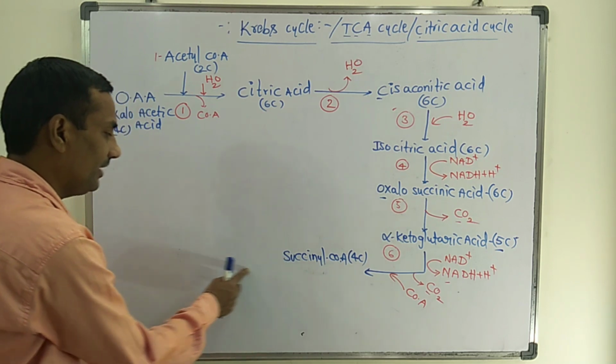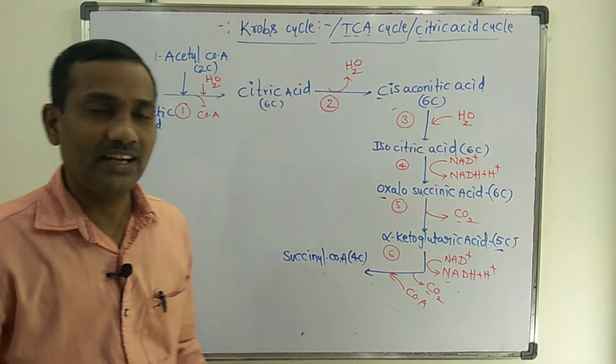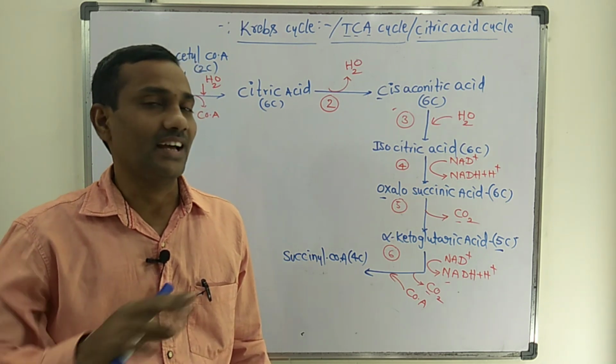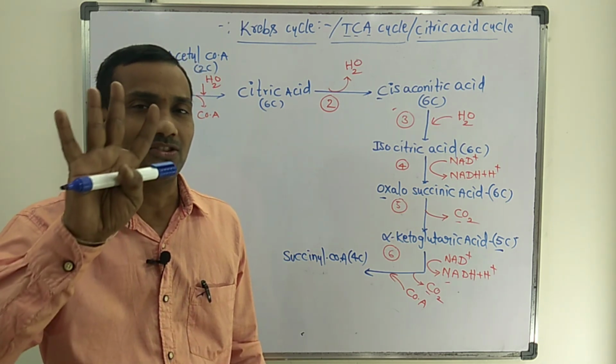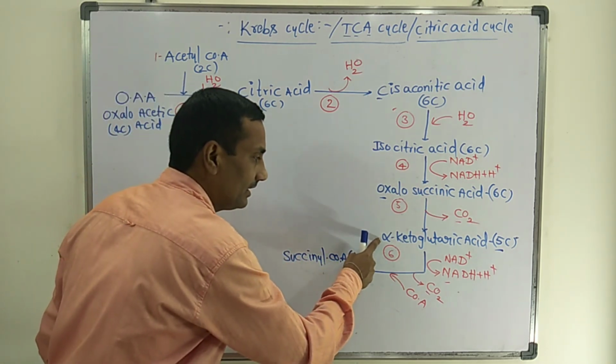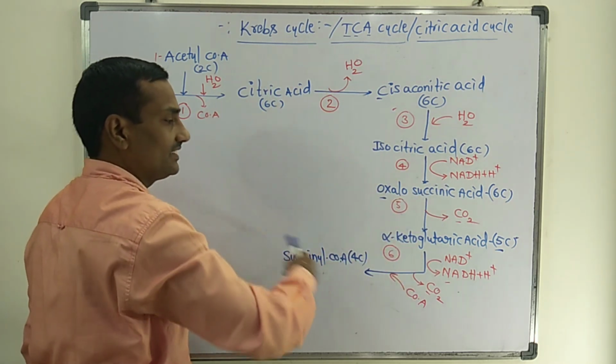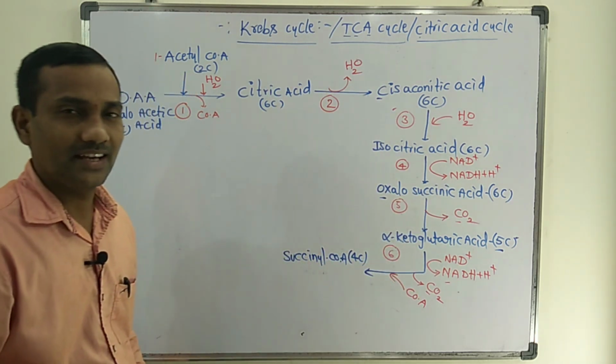From here, all the remaining compounds up to regeneration of OAA, oxaloacetic acid, consist of 4 carbons. Only one chemical that has 5 carbons in the entire citric acid cycle, that is alpha ketoglutaric acid.